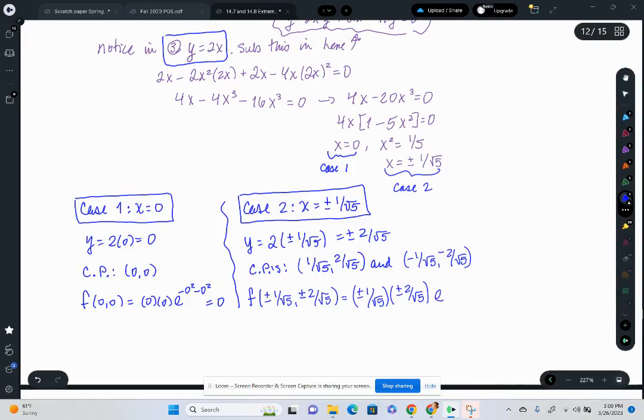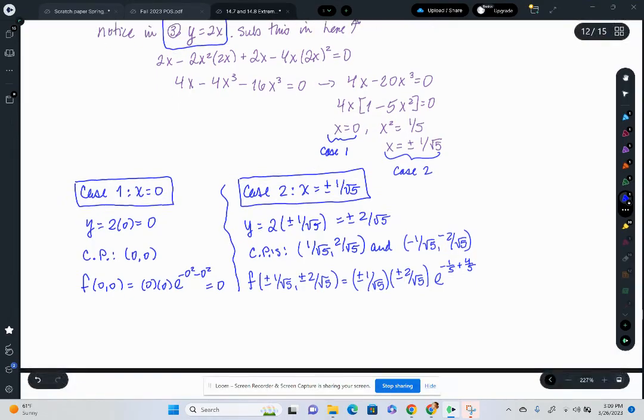And then e to the negative x squared, which won't be 1 over root 5, it'll just be 1/5. And then y squared will give me plus 4/5. So this is going to simplify to 2 over 5 times e to the minus 1.